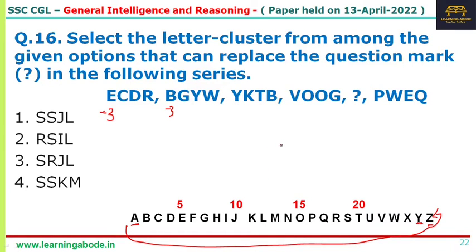So Y minus 3 will be V, and V minus 3 would be S. So this should start with S. Then C is 3, and then G is 7.